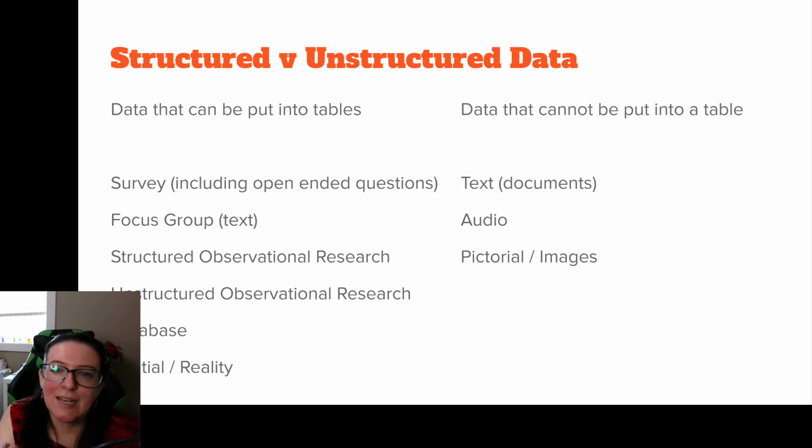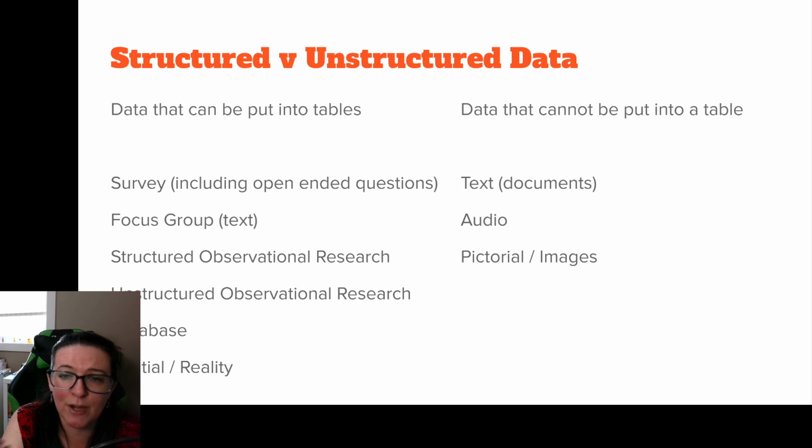And really what's defining whether or not we can put it into a table is whether we can track each person's response or each question or each time a phenomenon happens, where we can put in the next piece of information.